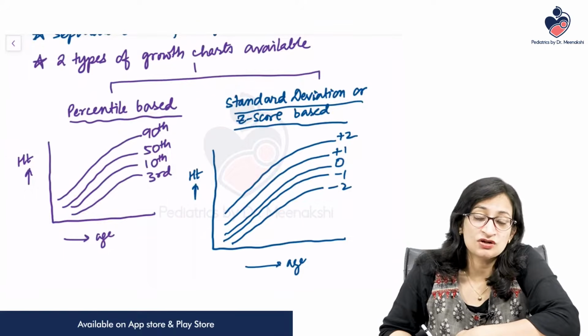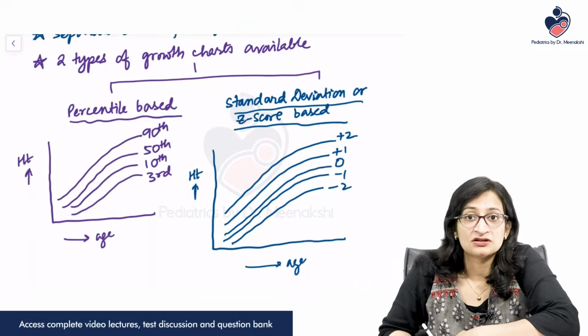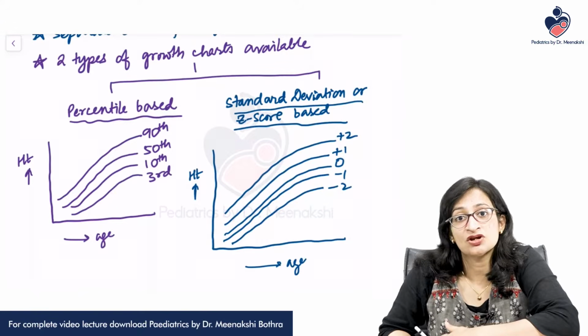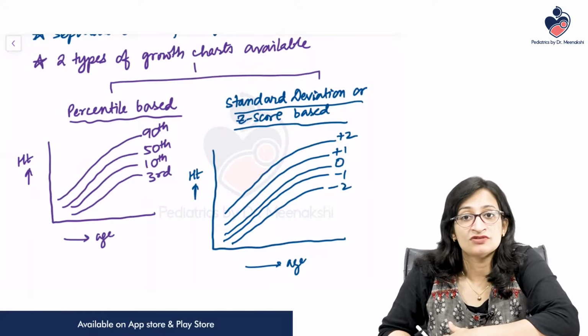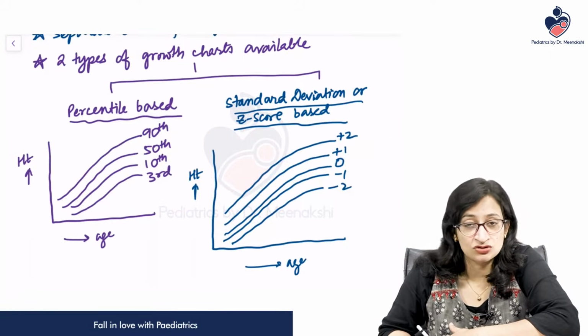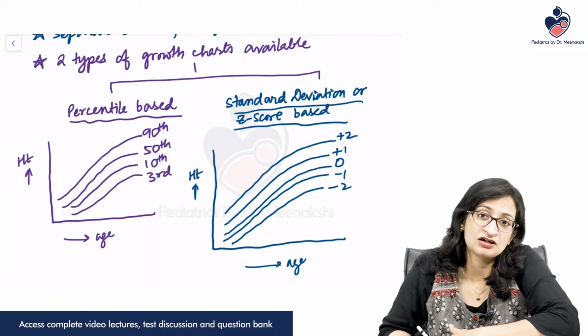Because even though WHO growth charts are available till around 19 years of age, the data beyond 5 years of age is based upon previous extrapolated data, with no actual study for the charts beyond 5 years of age. So beyond 5 years of age, WHO charts are not so much preferred, though they are available, but you can use the contemporary Indian growth charts which are available beyond 5 years of age.